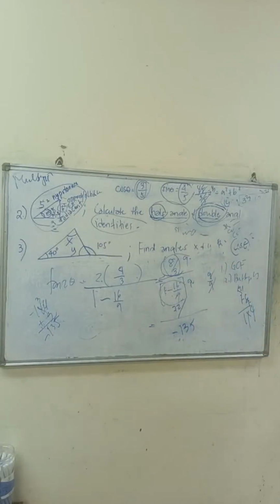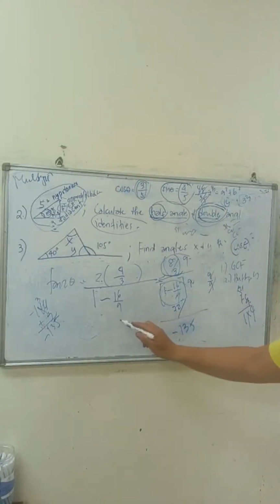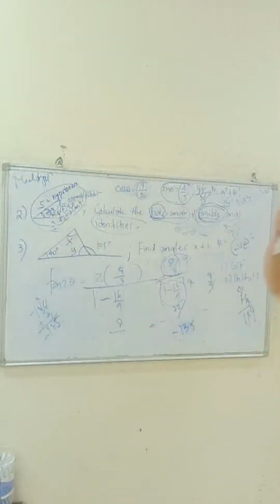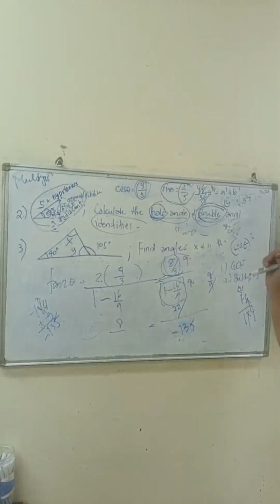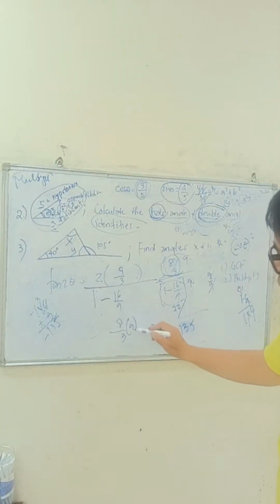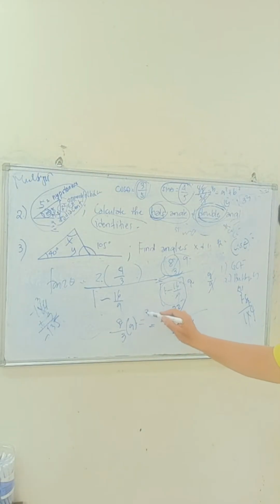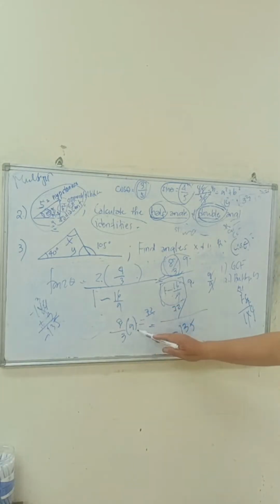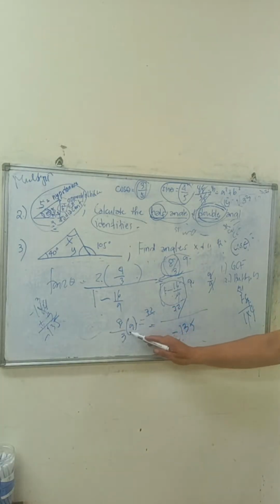Okay? Take a look. 8 over 3 times 9. So 9 times 8 is 72. You don't have to multiply the 9 with the 3, because this 9 is understood to be over 1. 1 times 3 is 3.